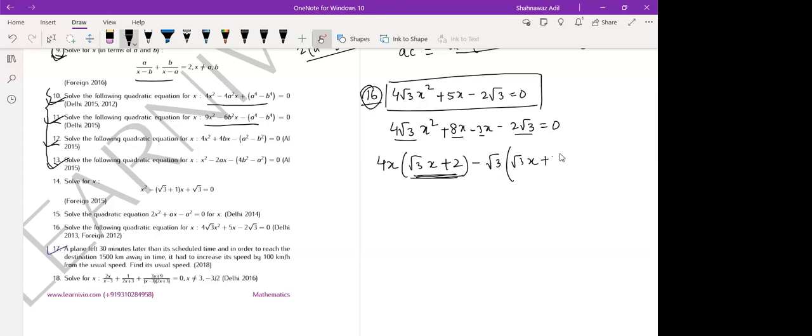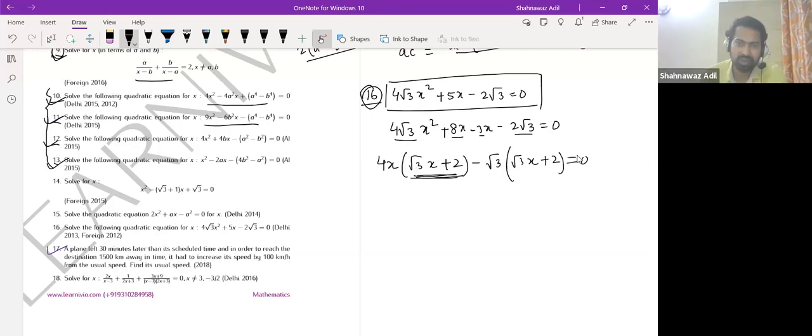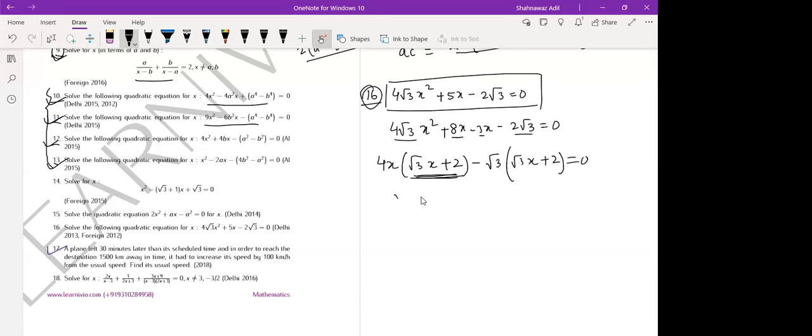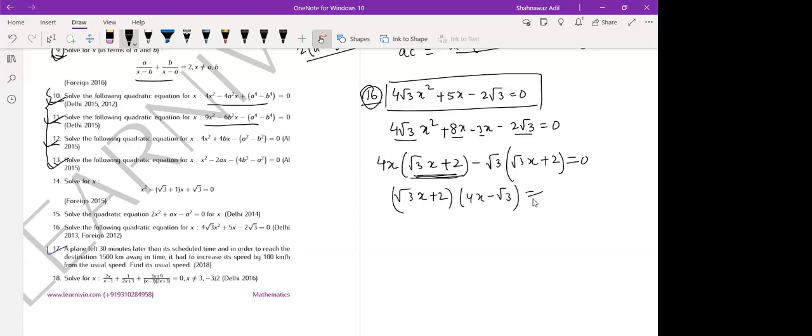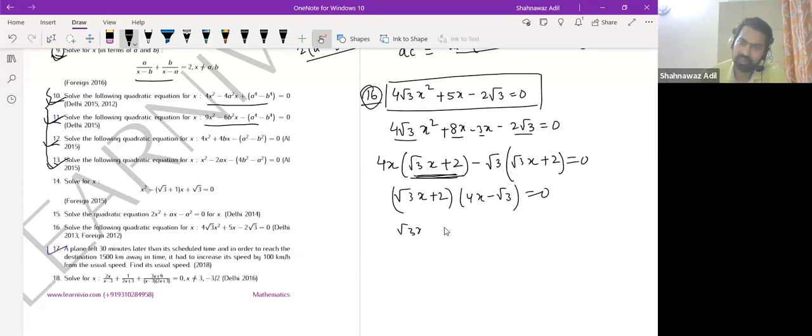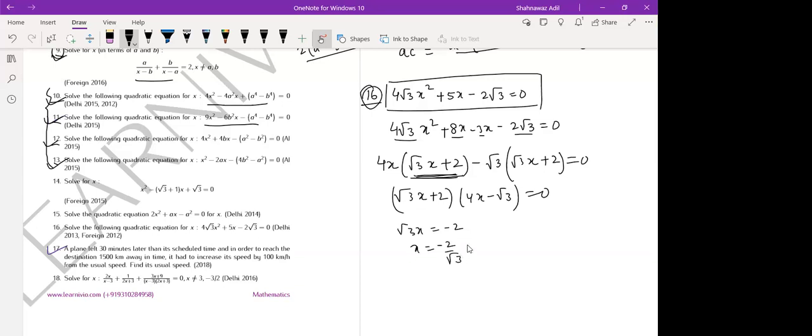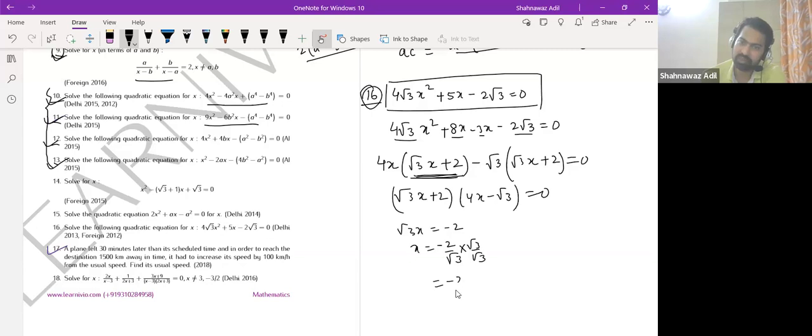So you got it, so what was the problem in this question? No, sir, as I was answering you, I realized I already got the answer. Yeah, root 3 and minus root 3. So root 3x is minus 2, so x is minus 2 by root 3, which is minus 2 root 3 by 3.